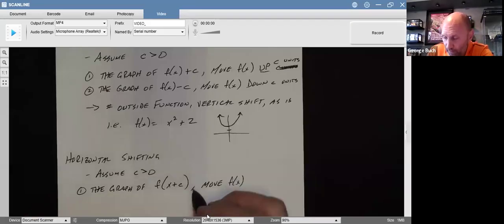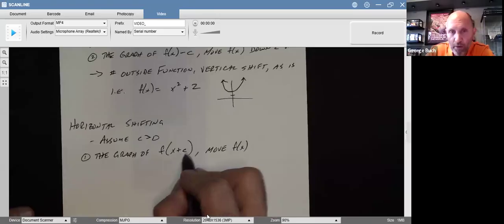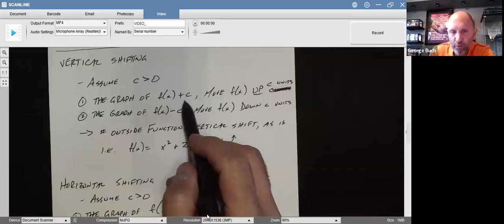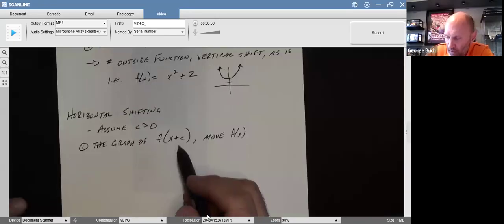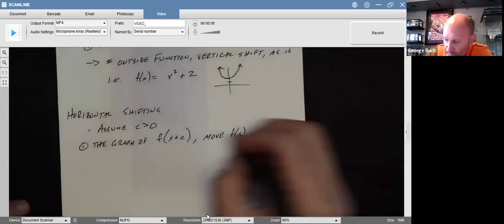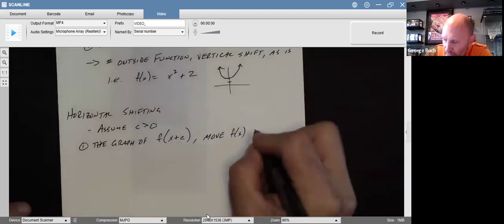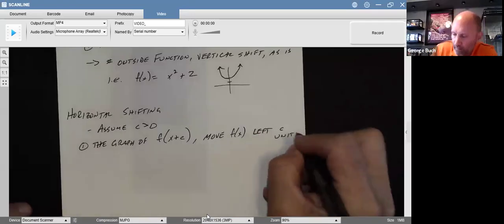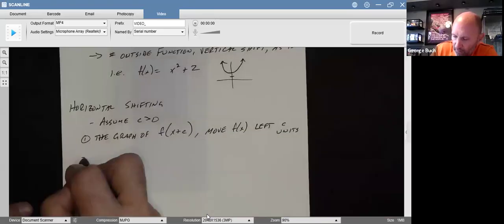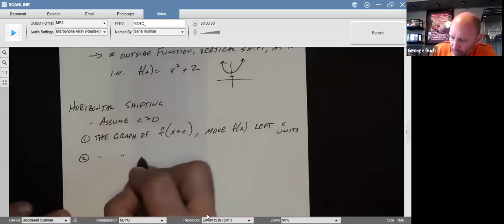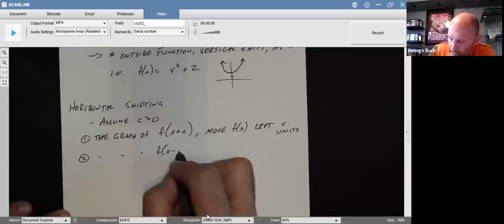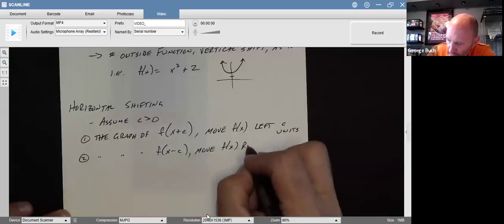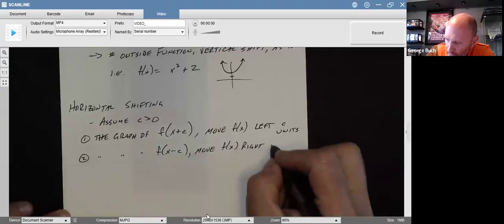So up above here with our vertical shifting, the value was outside the function. Now my value of c is inside the function. And so I'm going to move f of x, it's a plus here, left c units. And similarly, the graph of f of x minus c, I move f of x right c units.